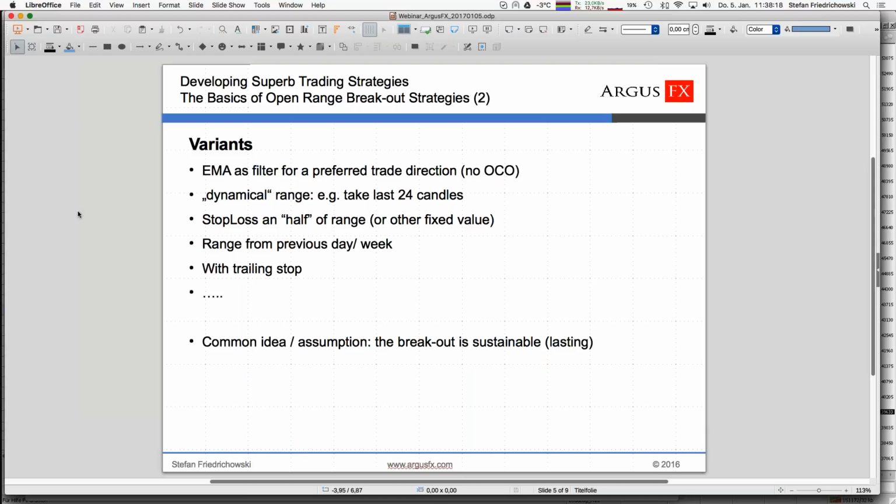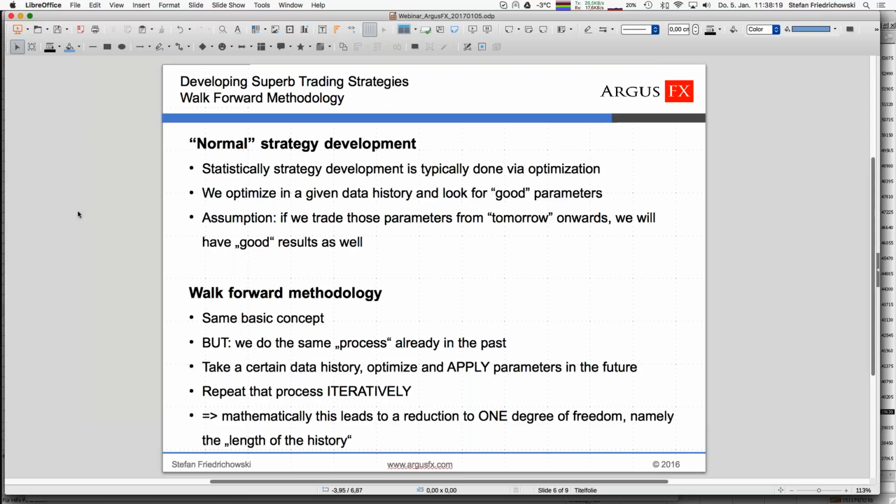But now let me introduce another methodology here. That methodology is called the walk forward methodology. Normally, when we develop a strategy, or if you look at what we have done for all our mean reversion strategies, we have looked at a complete set of history.